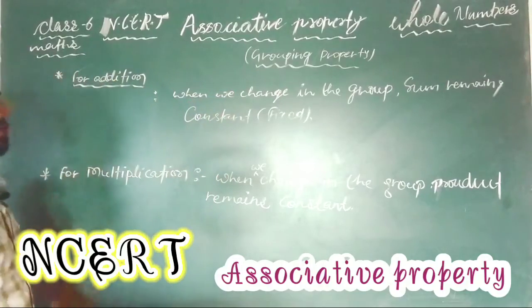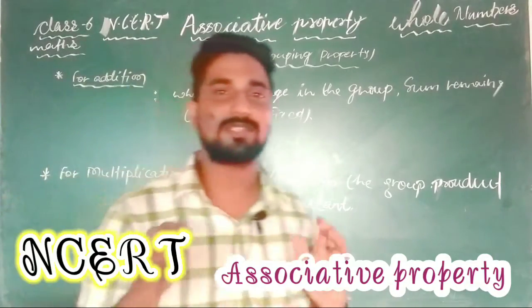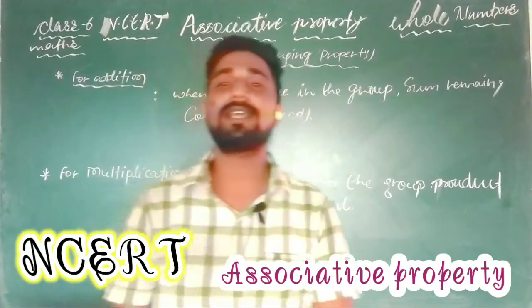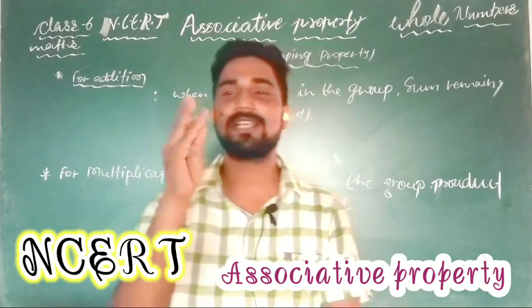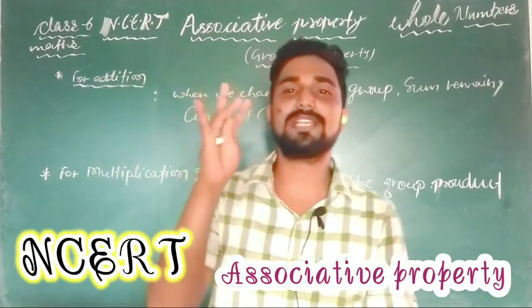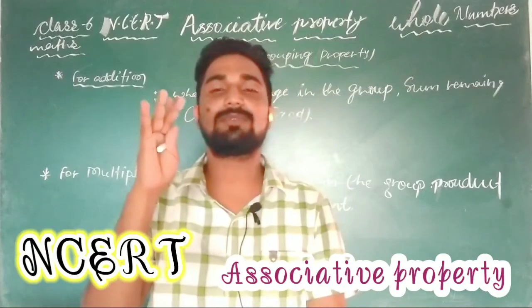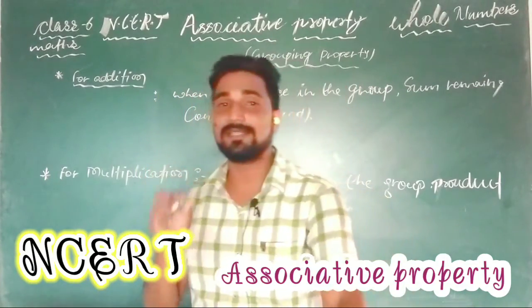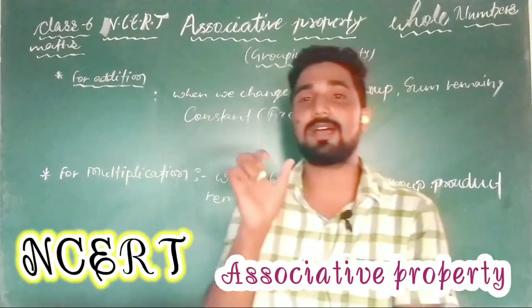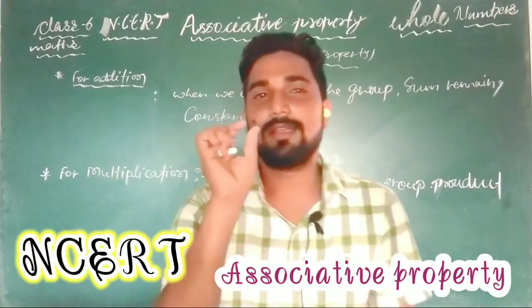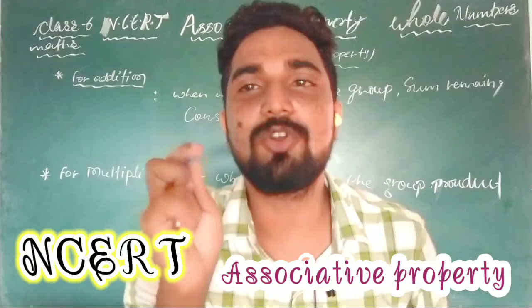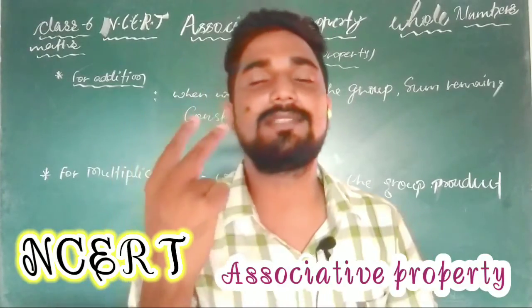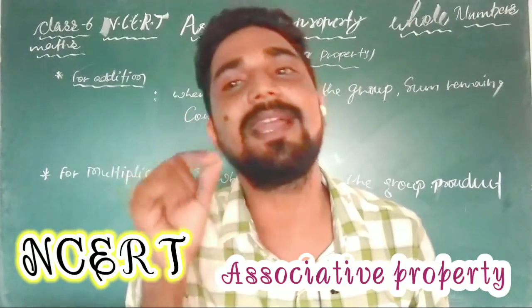So let me explain this. As I have told you already, we will check for 4 operations. We check for addition, multiplication, subtraction, and division operations. This is well understood by everybody. Most properties are followed for only 2 operations, addition and multiplication.